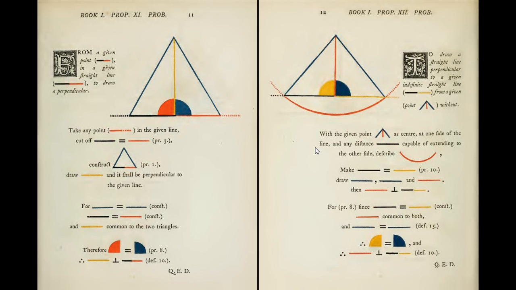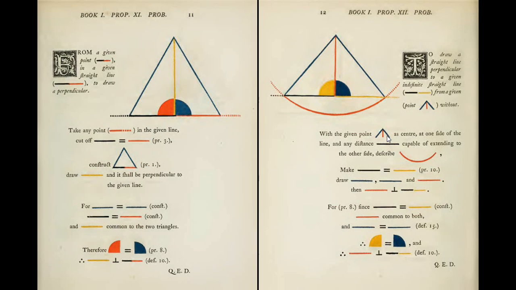Here we're sort of doing it in reverse, starting with a point outside of a line, an indefinite straight line, from a given point indicated by this. We are to draw a line perpendicular to the given indefinite line.